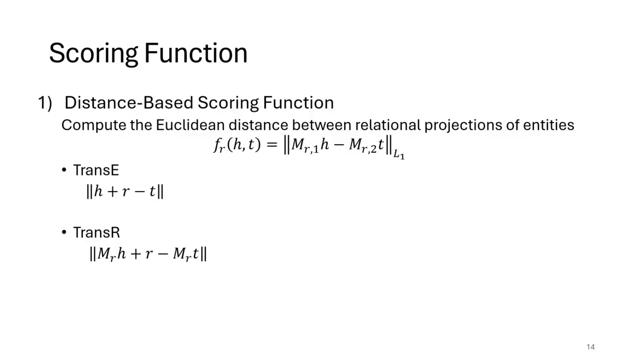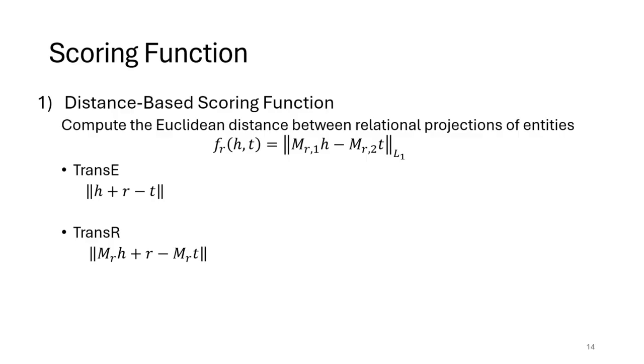Looking at TransE's score function, it is the absolute value obtained by subtracting the tail from the sum of the head and relation. What this means is that the embedding is done so that the sum of the head vector and the relation vector is equal to the tail vector.